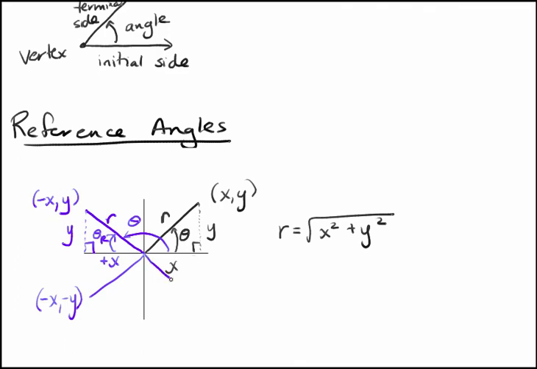If we consider the fourth quadrant, we can think of this point being reflected in the y-axis, or of this point being reflected in the x-axis, and we end up with our point being (positive x, negative y). With each of these, they will have the exact same radius as the original point. Our reference angle will be the exact same for all of them, theta r.